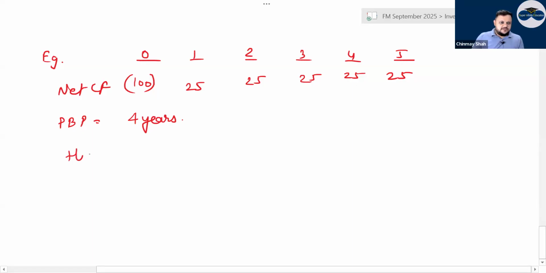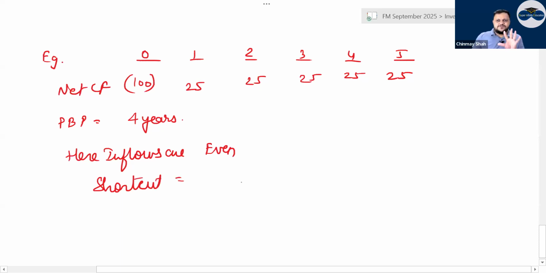So write down here, inflows are even, right? There is a shortcut formula for this. What is the shortcut? Have a look, hear me out. Initial investment, that is the 0 year cash flow, divided by the even cash flow. Would you still get the same answer? 100 divided by 25, right?